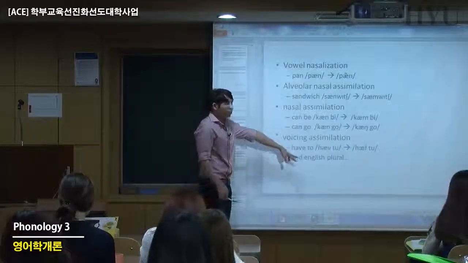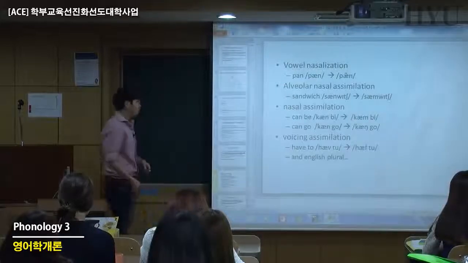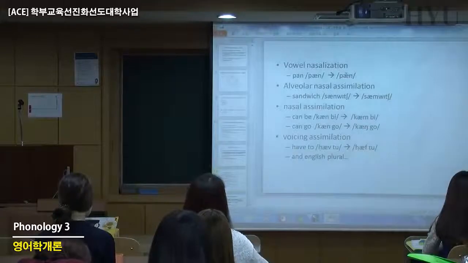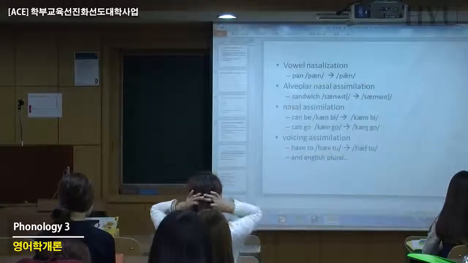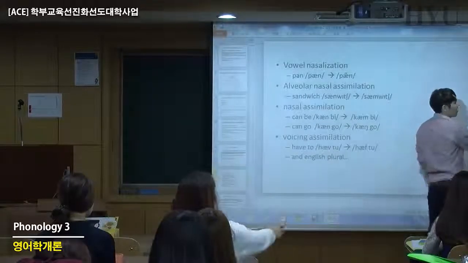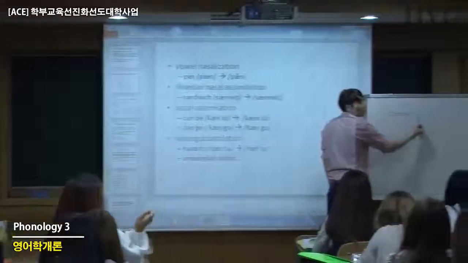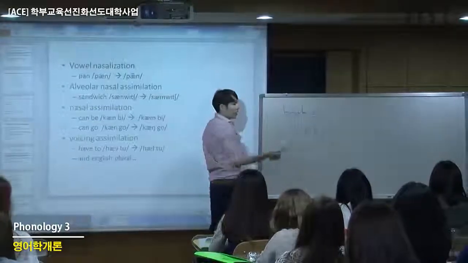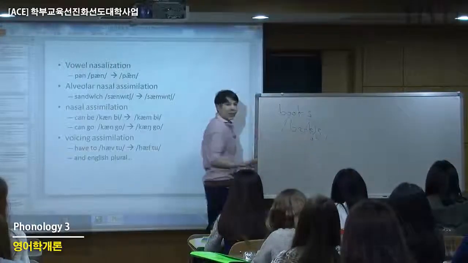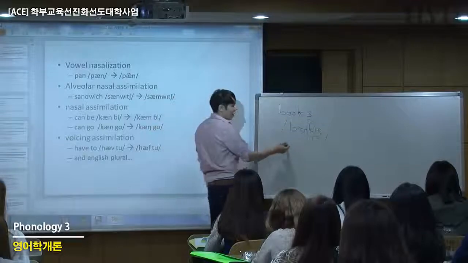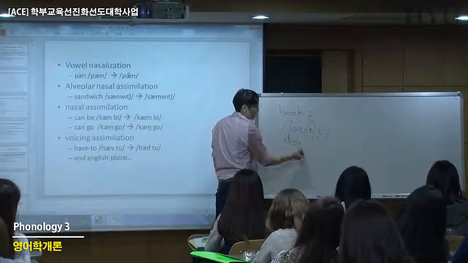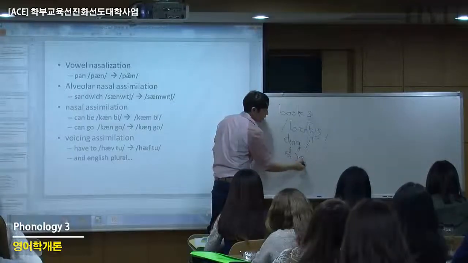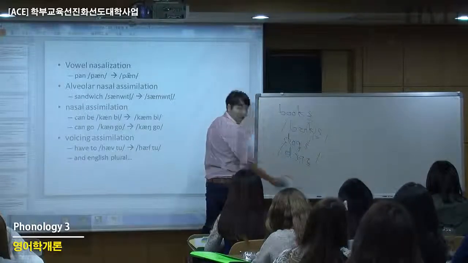And then English plurals, like books or bags. We'll talk about this when we talk about morphology, but with a word like books, when you pronounce the plural, it is S because K is voiceless, like that. But when you have the plural after a word like dogs, for example, it will be a Z, okay?